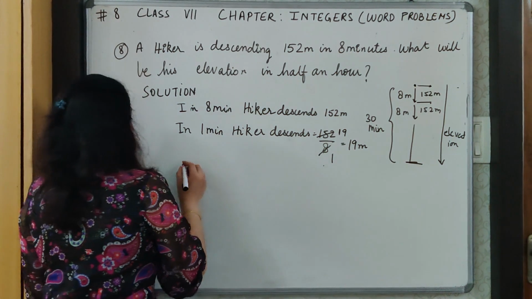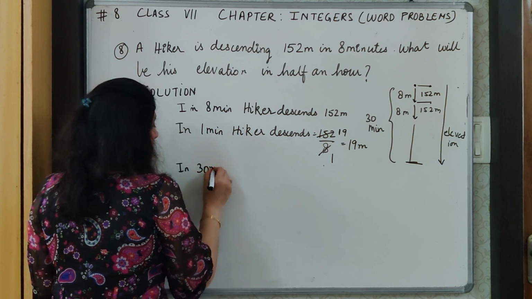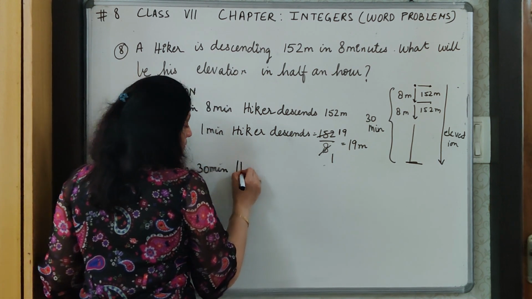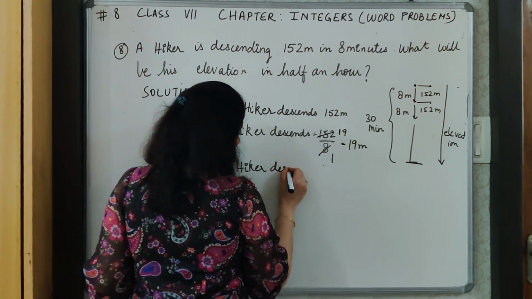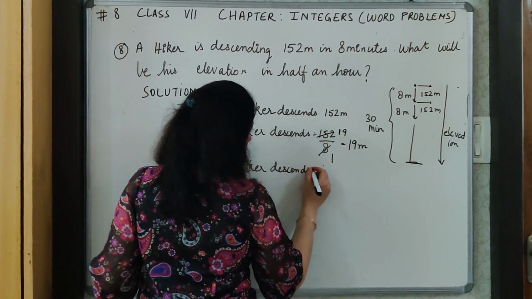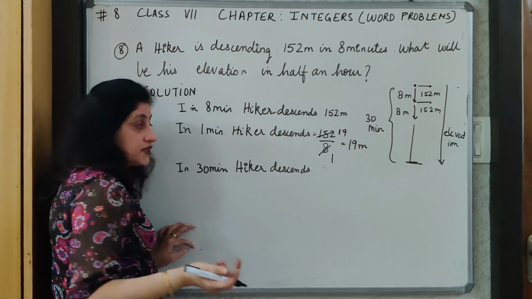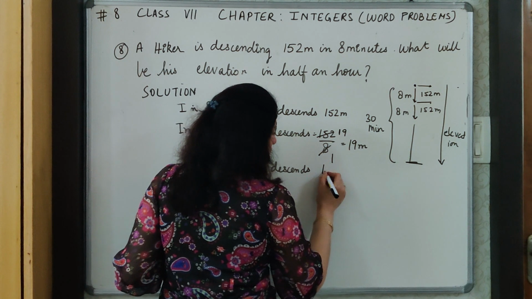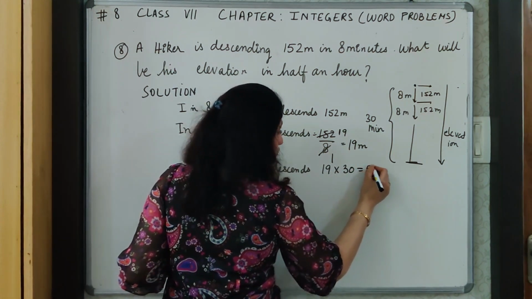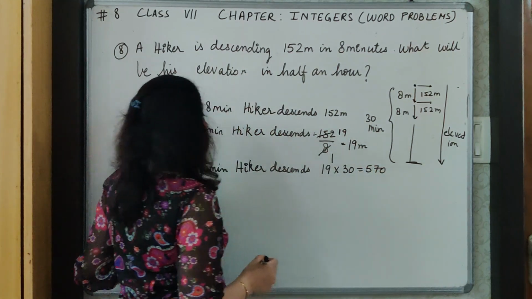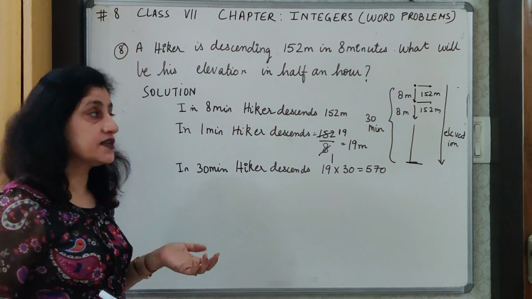And they have asked for half an hour. In 30 minutes the hiker descends. Now for 1 we know and we have to find for 30, so we multiply 19 into 30, which is equal to 570. After this it is asked that you have to give the answer in integers.